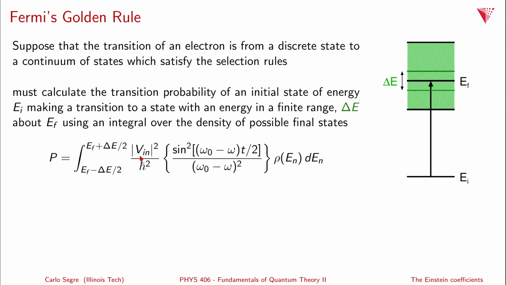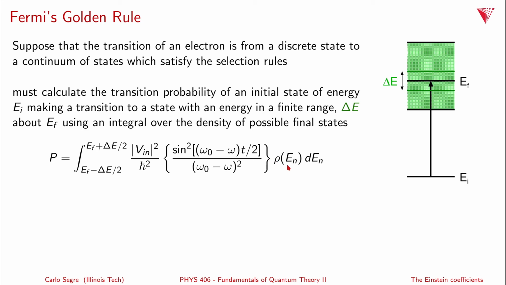So, this transition probability P is an integral from E sub F minus delta E over 2 to E sub F plus delta E over 2 of the matrix element that goes from state I to the final state n, modulus squared, over h bar squared, and then sine squared of omega sub 0 minus omega t over 2, divided by omega sub 0 minus omega squared, times the density of states.